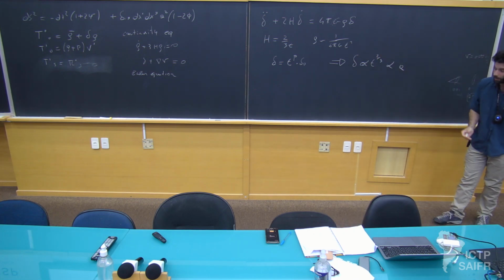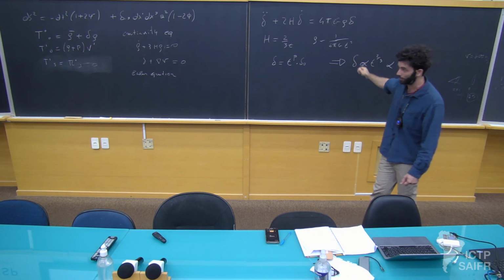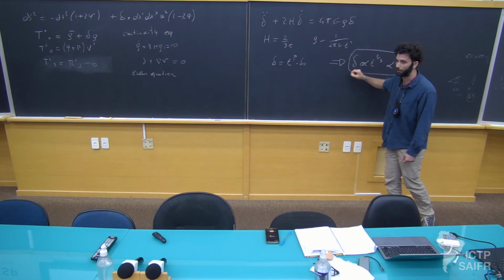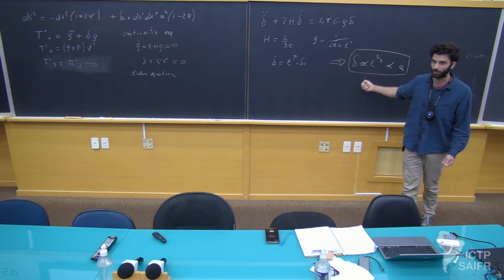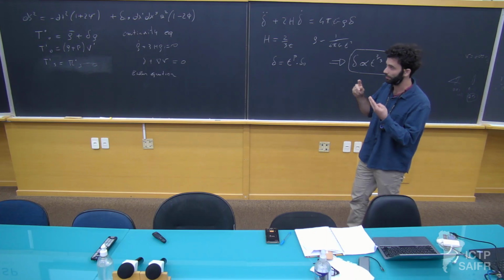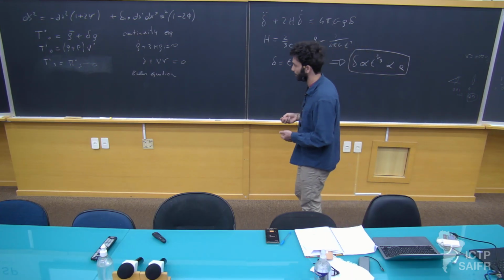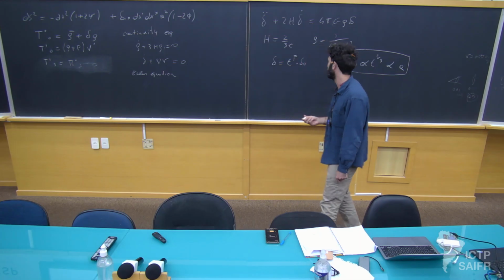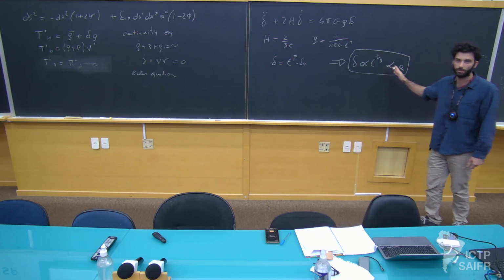Now, why have I annoyed you with all these formulas? Because this result, the fact that the perturbation grows in matter domination, implies two things. Even if we start from a very homogeneous universe with very small perturbations early in matter domination, let's say the CMB, they are doomed to grow with the scale factor.